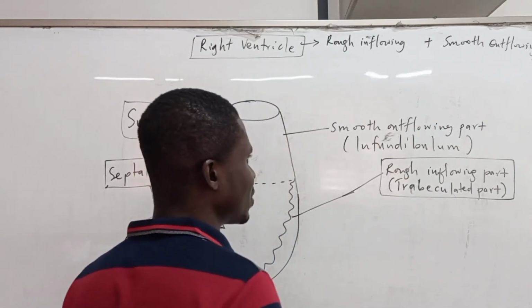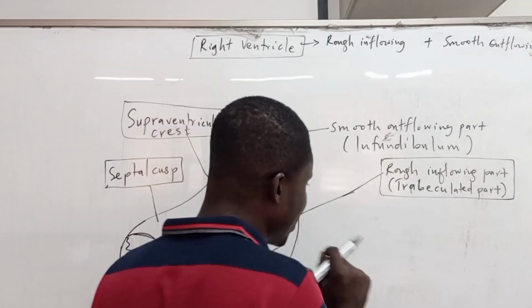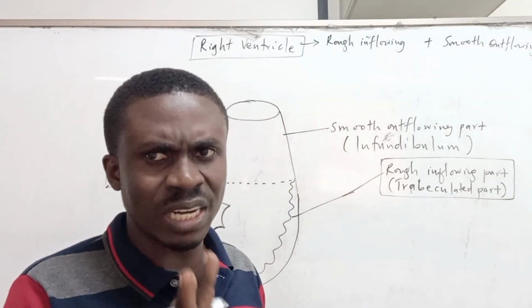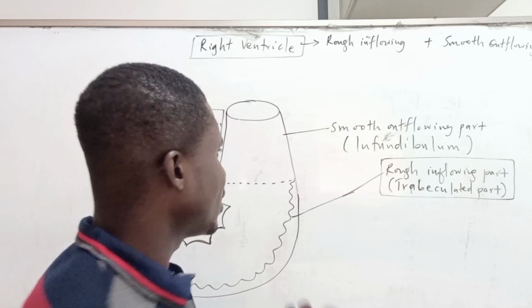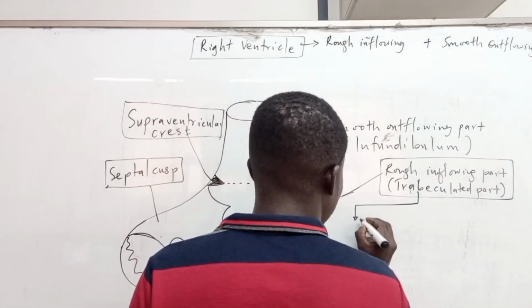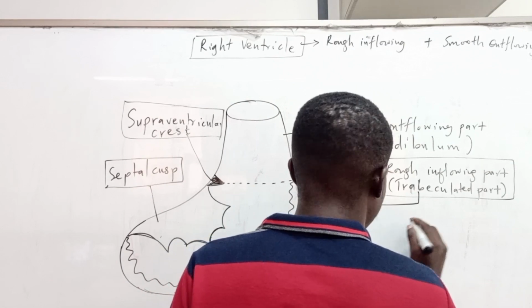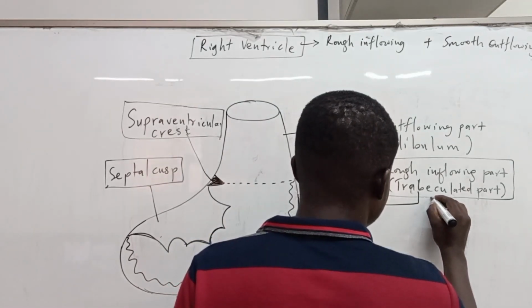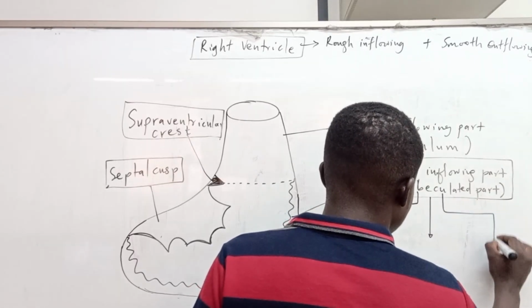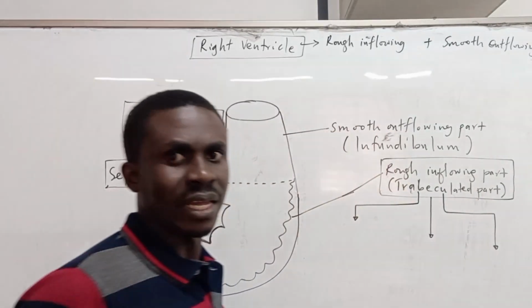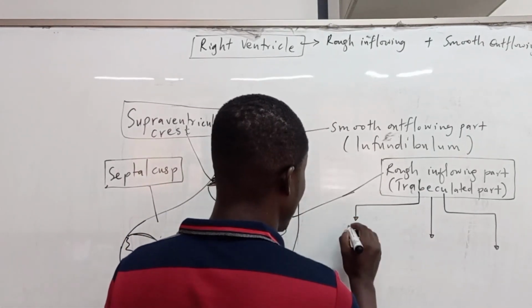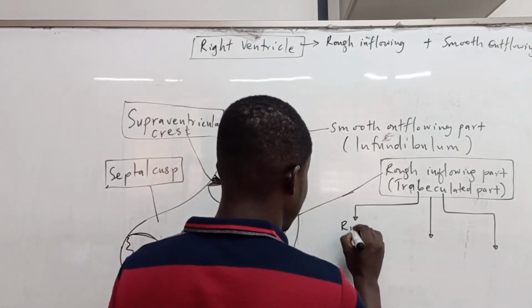Now, this trabeculated part, the trabeculae carneae, I want you to know that we have three kinds. We have the normal ones, that's the one we find over here. The first thing I want you to know is that we have what we call ridges.